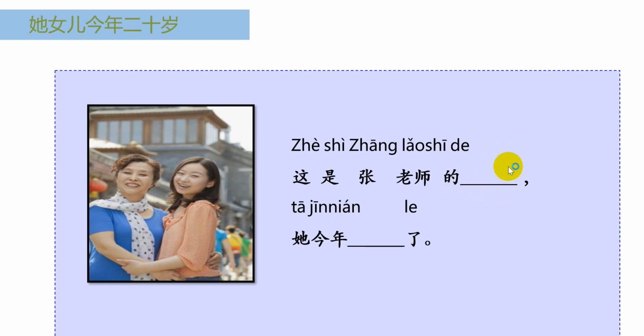So how to say here? 这是张老师的妈妈. Yes. 她今年50岁了. Okay, let's try to speak together. 这是张老师的妈妈，她今年50岁了. Now if I say 她是张老师, this girl is her daughter.